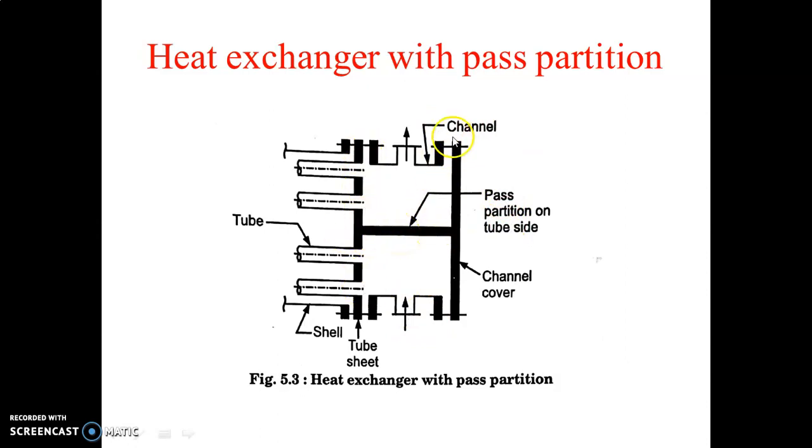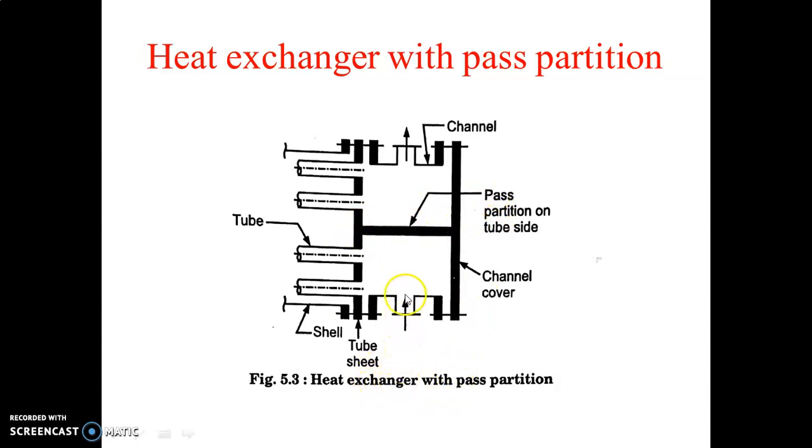Here this is the channel cover, or this part is the channel of the heat exchanger. The tube sheet is attached to the channel and the channel cover is provided, and you just add the metal plate which is called a pass partition.